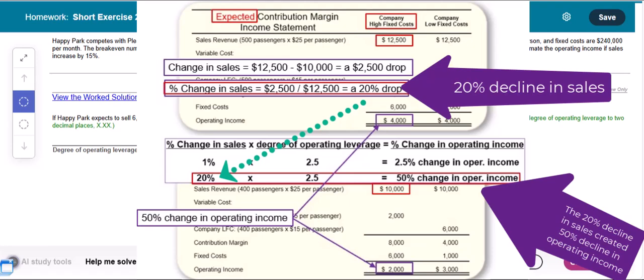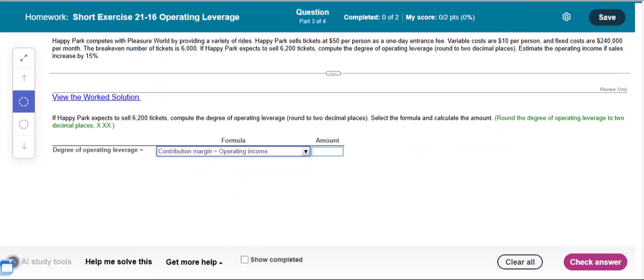Operating income was 4,000, but when sales dropped from 12,500 down to 10,000, operating income fell from 4,000 to 2,000, which is a 50% drop. In other words, using operating leverage can help you estimate how operating income will change in different scenarios.